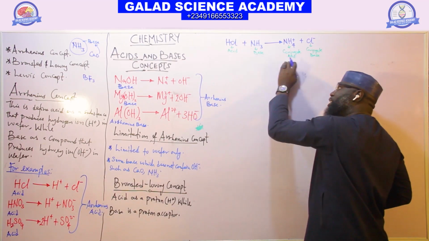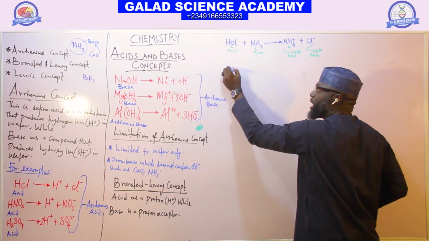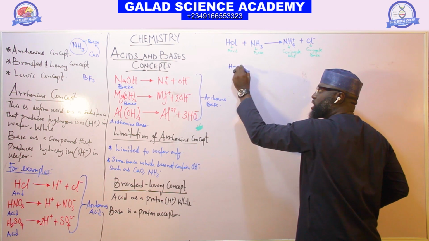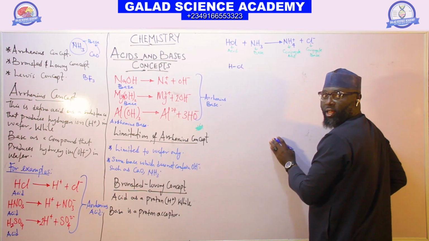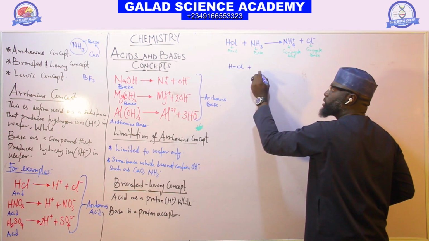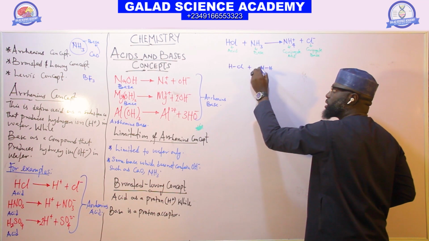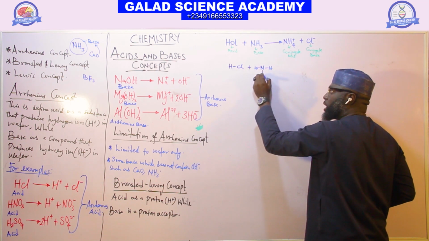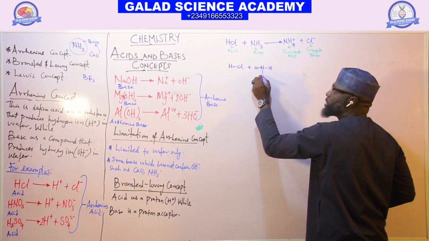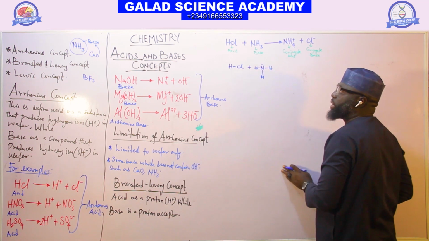I want to show you how this forms ammonium here. We have H, Cl here, with a covalent bond. We add ammonia, which is NH3, with one lone pair here.